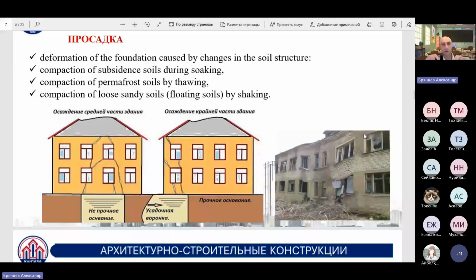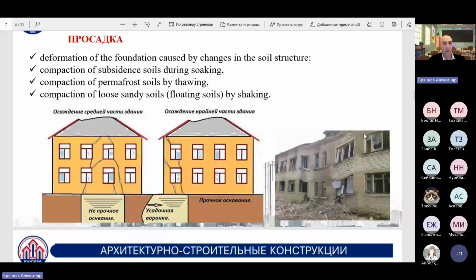So it results in considerable settlements. Compaction of permafrost soils, during thawing, which is highly relevant in northern regions, for example, where the melting permafrost reduces soil bearing capacity.